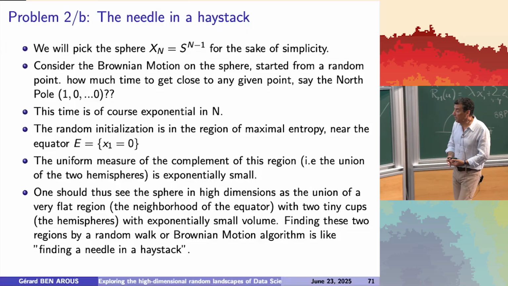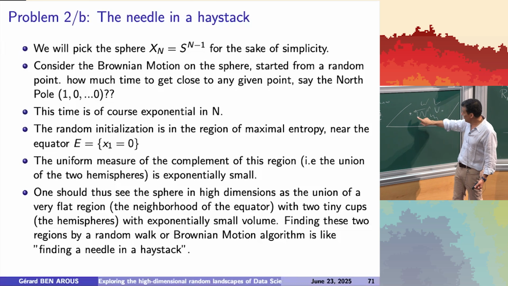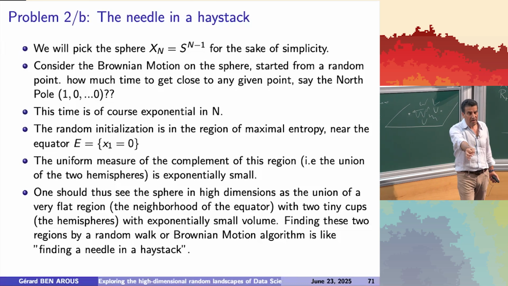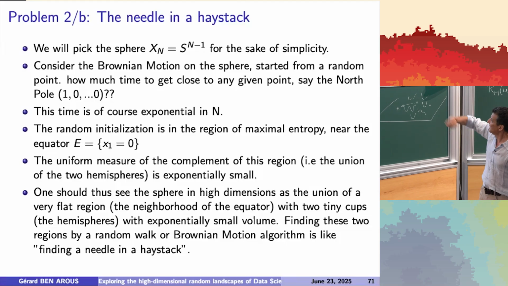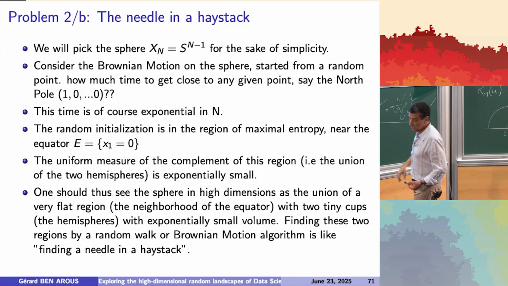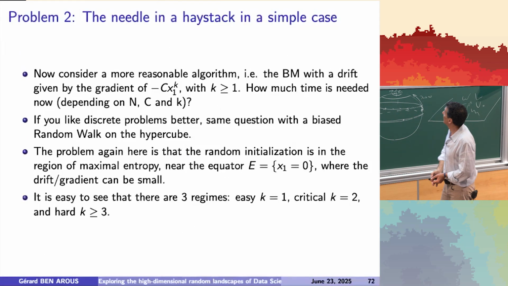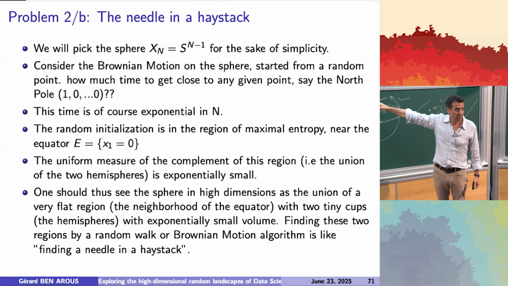Again, the uniform measure, forget all this complexity thing. The thing you're trying to find is tiny. The measure of that is exponentially small. And it's very easy to see here that the time to get there is exponentially long.